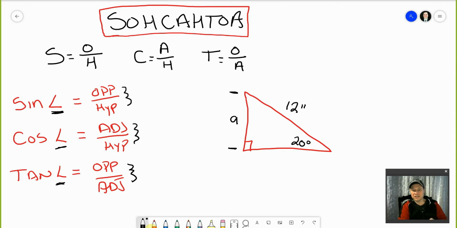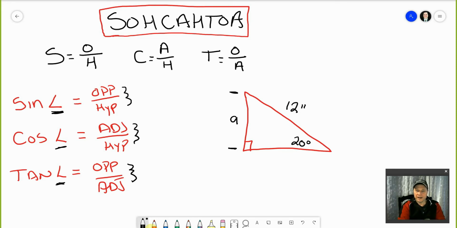The print says you need to start here and end here, but you don't know how long to program that toolpath. So we need to figure out what this length is. How we do that is we look at what this triangle is telling us. Number one, we have an angle. So right now we could pick any of these three formulas because they all have an angle. But what else do we know about this triangle?